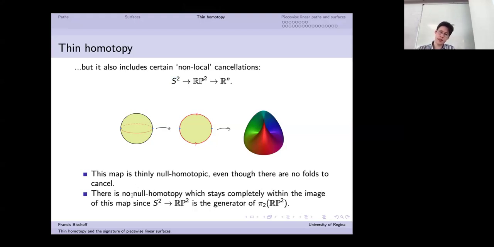Furthermore, there cannot be any null homotopy which stays completely within the image of the map, because if it did, it would be a null homotopy for the map from S2 to RP2. And this is not possible because this map generates pi2. So in these two ways, thin homotopy for surfaces is much different than thin homotopy for paths.